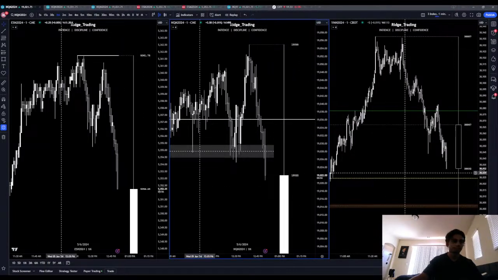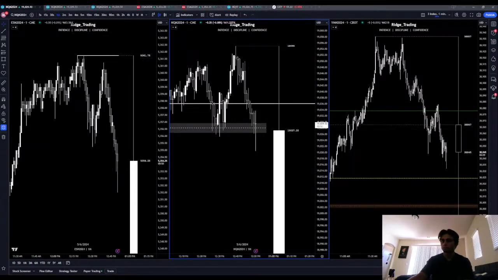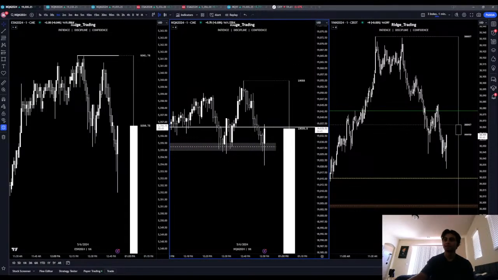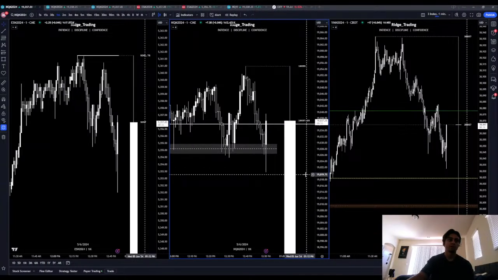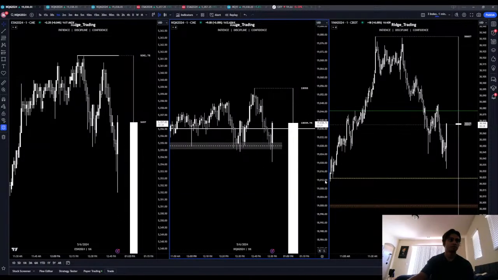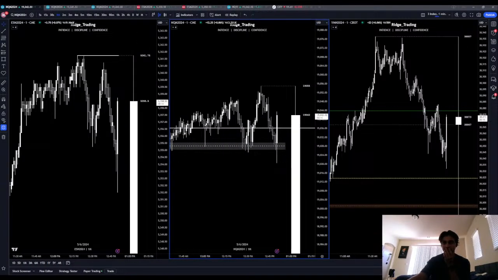There it is. Now, does it hold actually? This would be wild if it holds. Just wicks down and then rips, maybe. A lot of volatility here. It's going to be interesting to see where this closes, whether it actually does close. I think it will. Just another big manipulation wick into a rip.